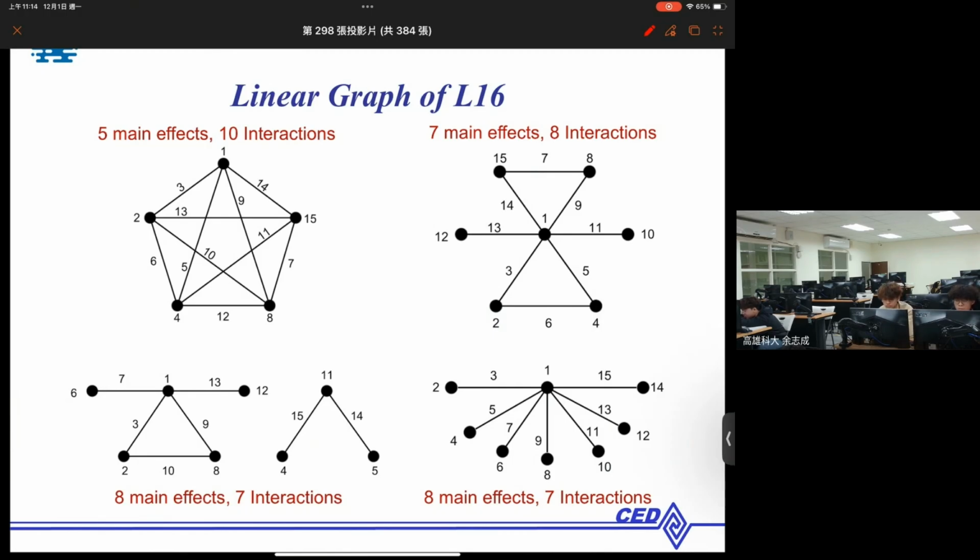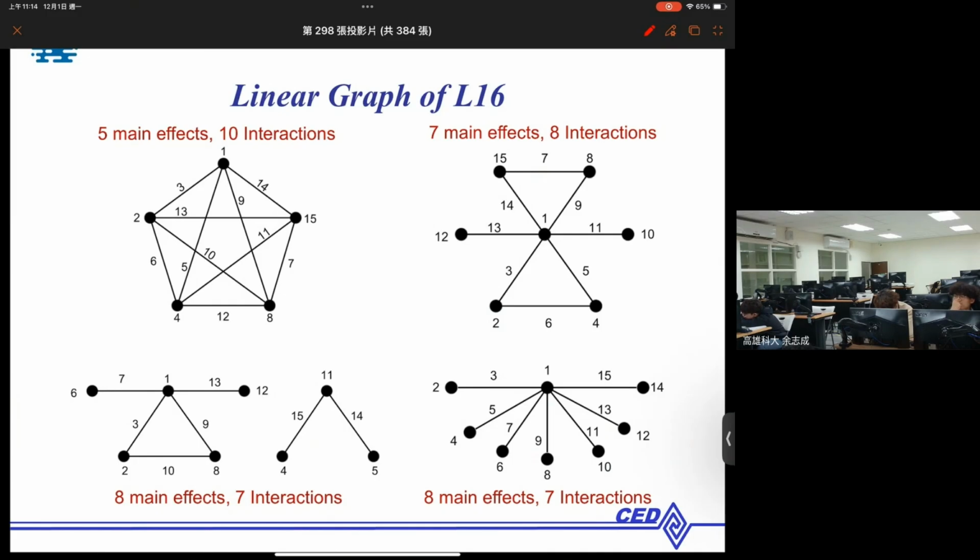You can always start from how many dots you need and how many lines you need. Here you have 8 main effects, also 8 main effects, but 5 main effects, 7 main effects. So if you want to analyze more main effects, you need to sacrifice the interactions.